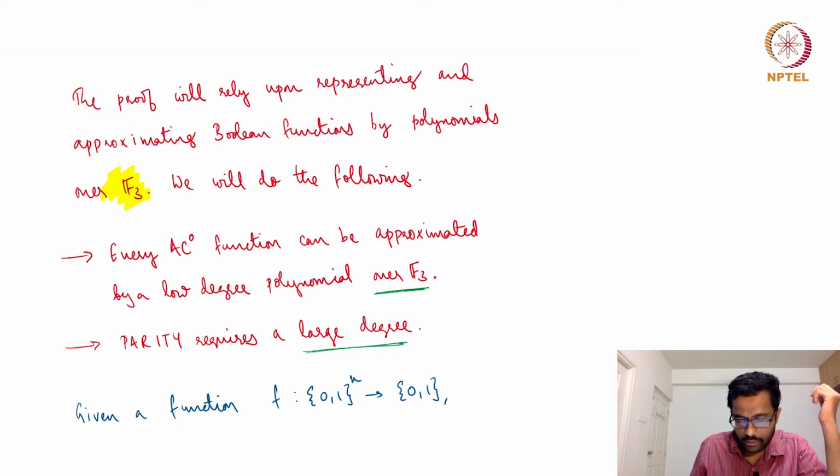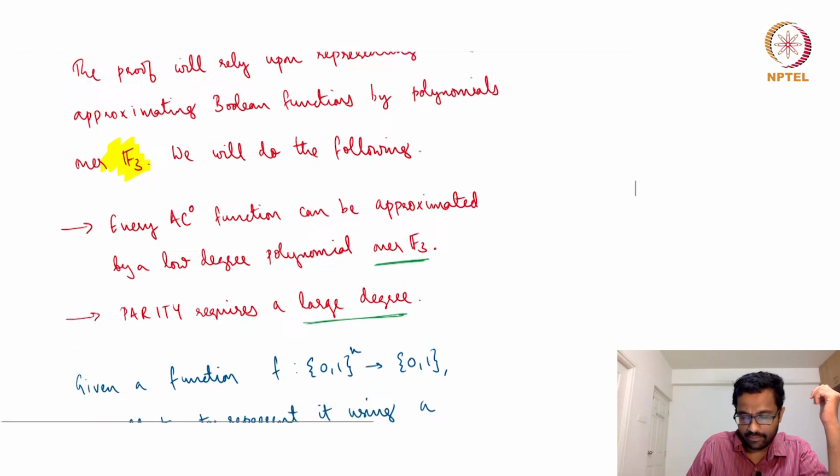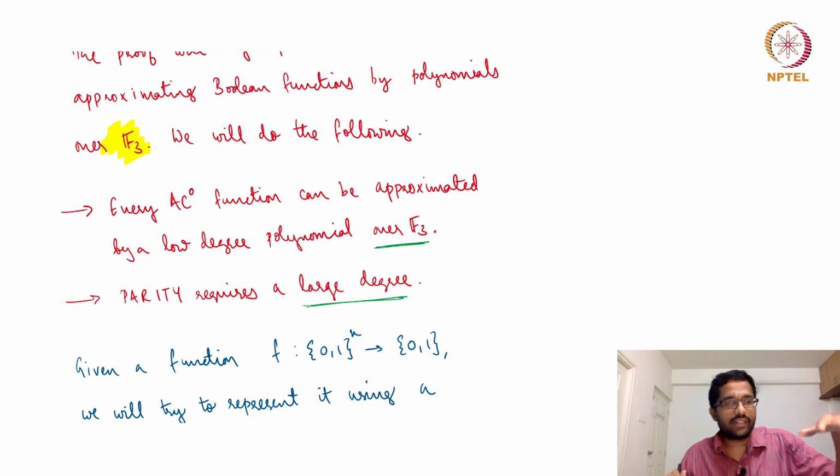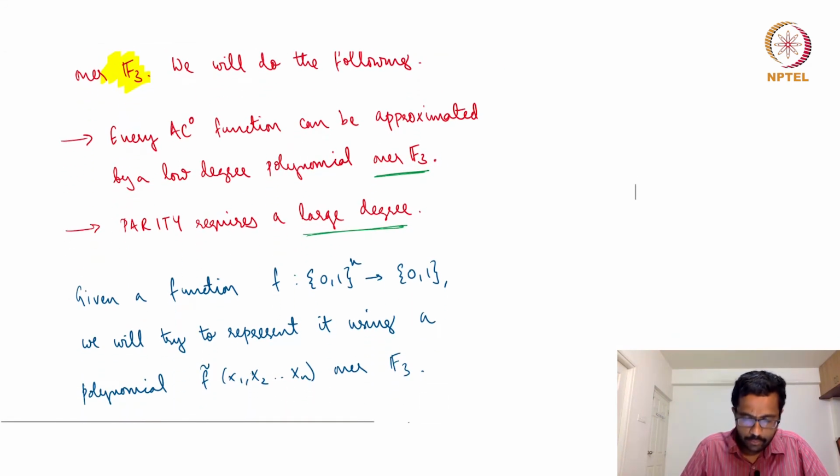It actually turns out that even to approximate it requires a large degree, and that results in the contradiction. One is saying that every AC0 function can be approximated using a small degree polynomial, but parity requires a large degree. So if parity were representable as an AC0 function, this would lead to a contradiction. That is the very high level idea of the proof.